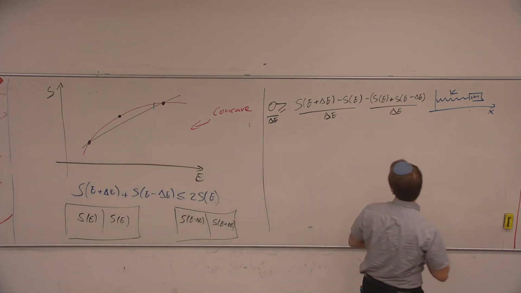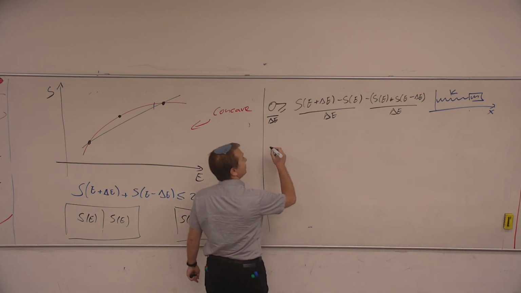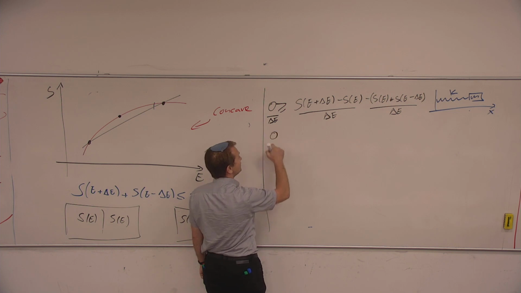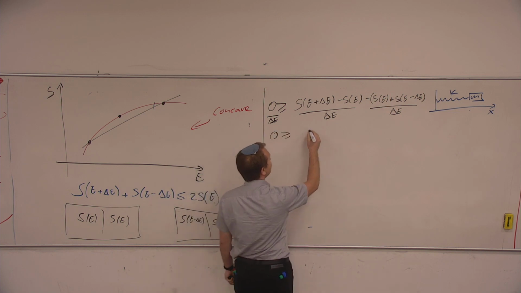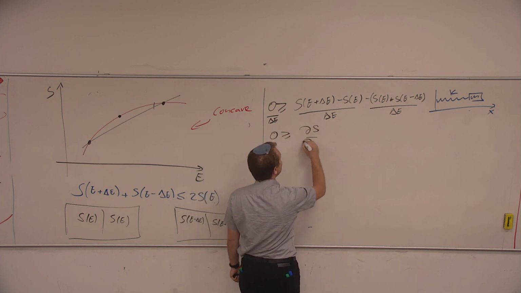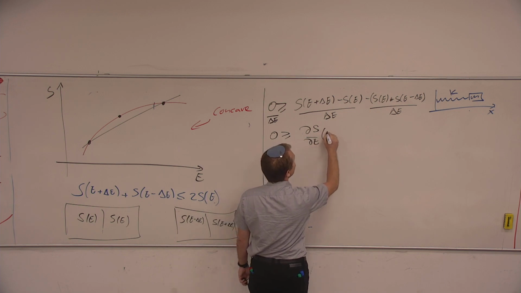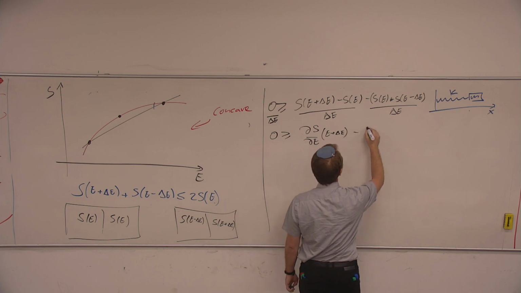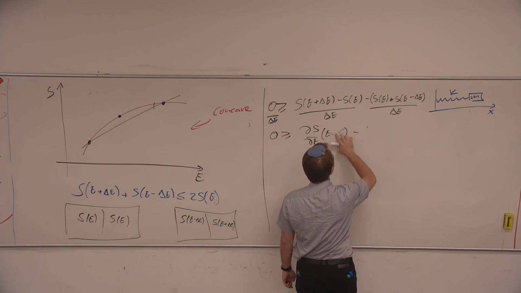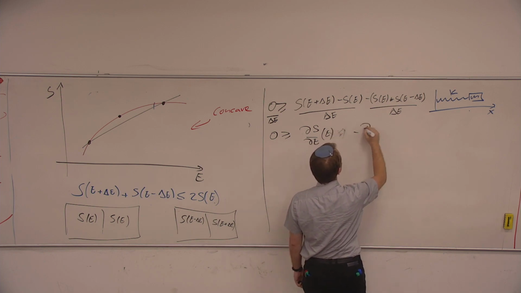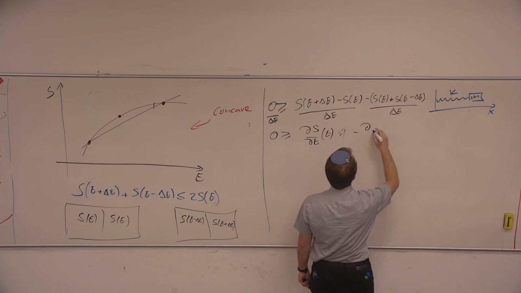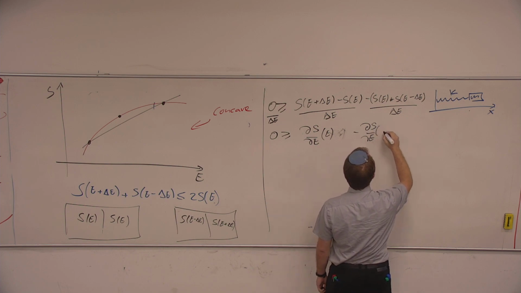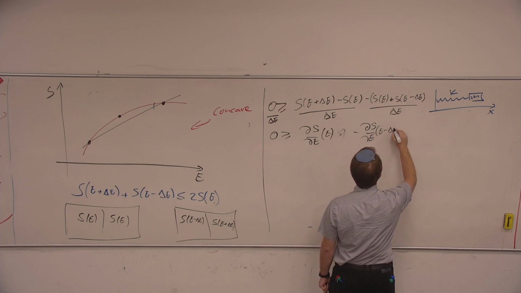The derivative. So we still have 0 on one side, greater than dS/dE at the point E plus delta E minus dS/dE at the point E minus delta E.